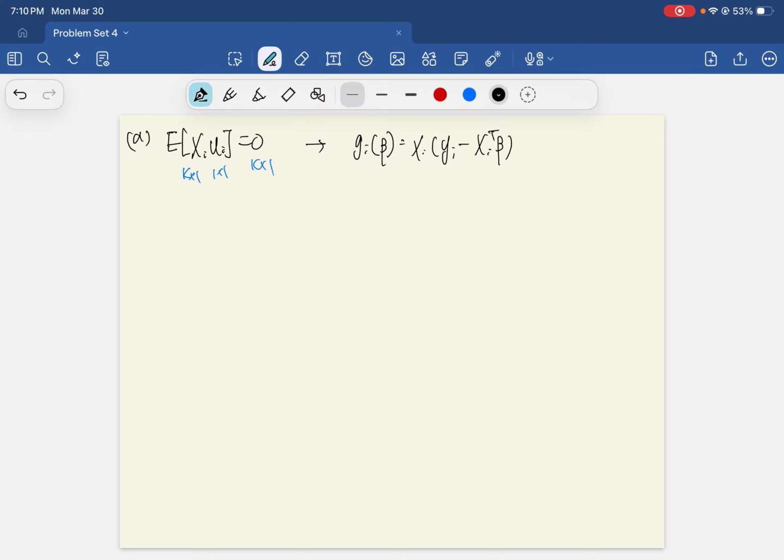Remember, in GMM, we are going to define beta hat as the arg min of the transpose of (1 over n sum of g_i(beta)) times W hat n times (1 over n sum of g_i(beta)).